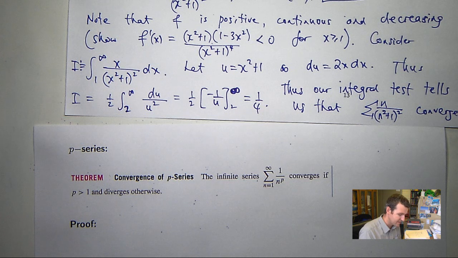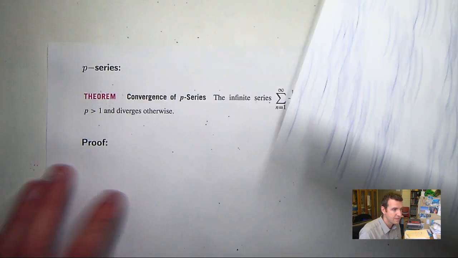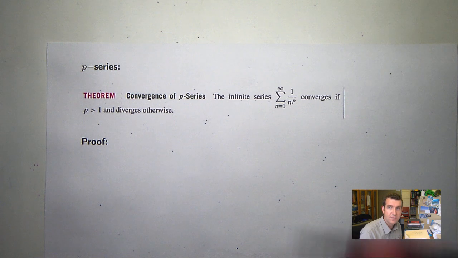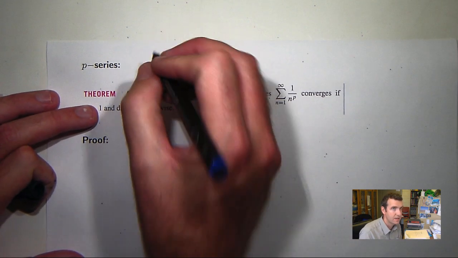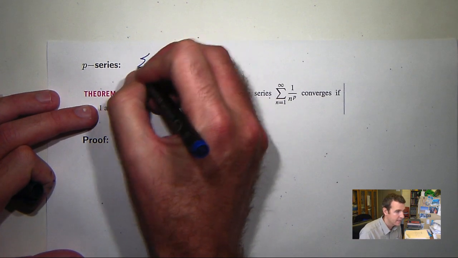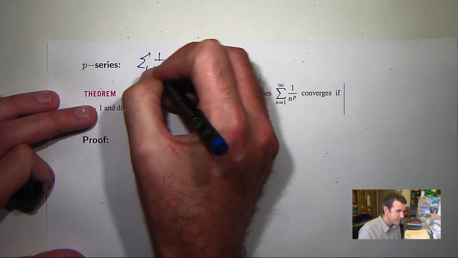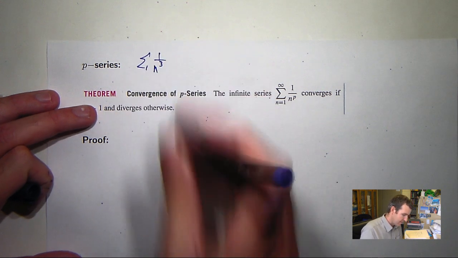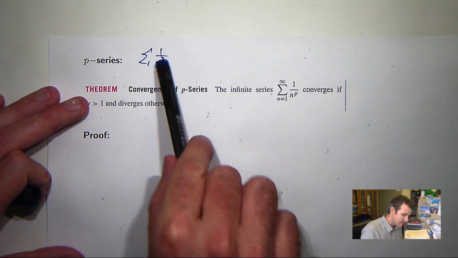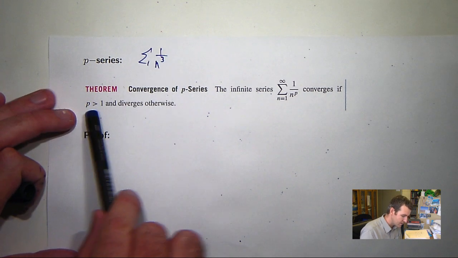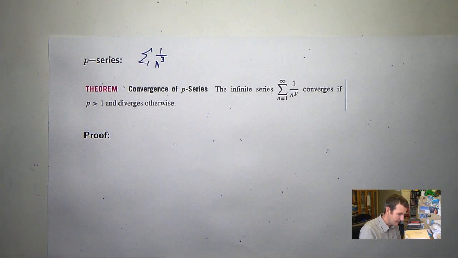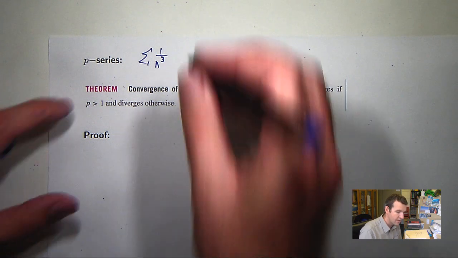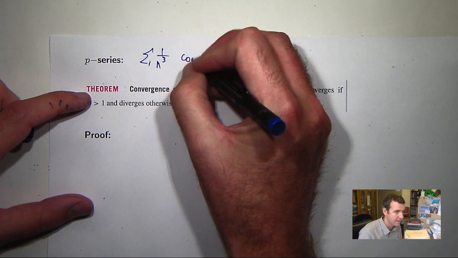Suppose I have a series that's sigma 1 on n to the p, where p's some fixed number. So it might be sigma 1 on n squared, or sigma 1 on n cubed, or sigma 1 on n to the half. The infinite series sigma 1 on n to the p converges if the power p is strictly greater than 1 and diverges for all other values of p.